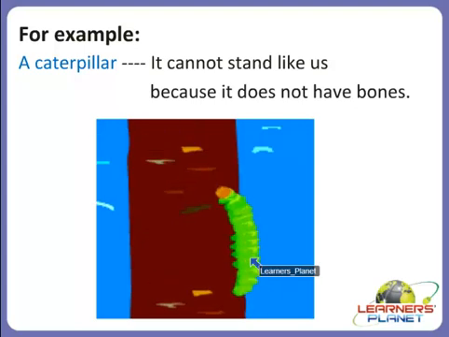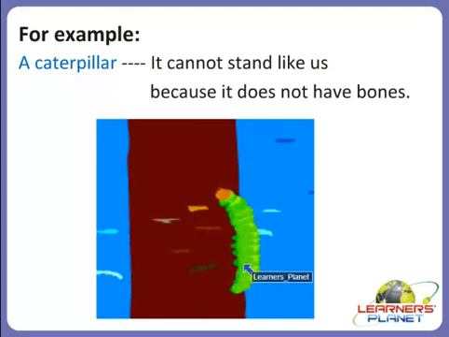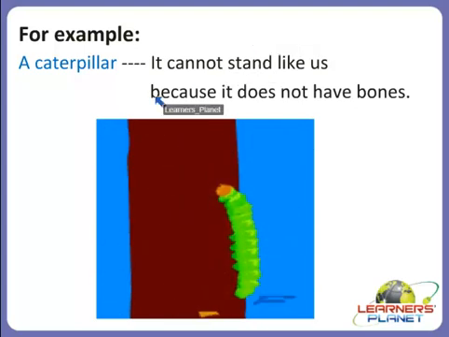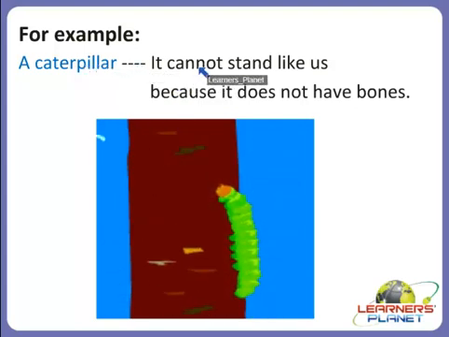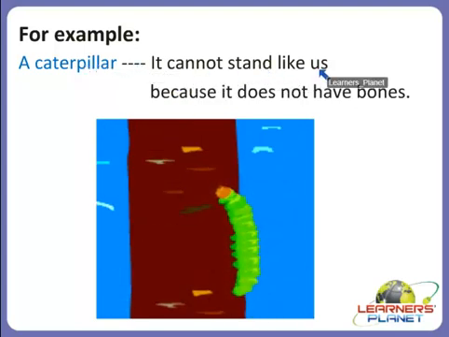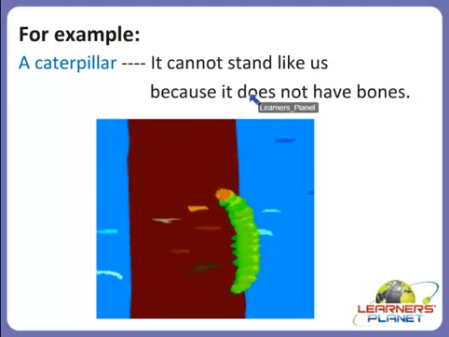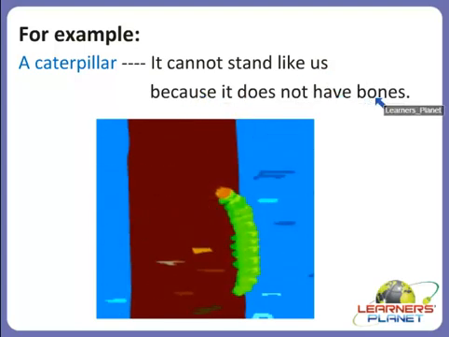Because it does not have bones like us. So we can see here that a caterpillar cannot stand like us because it does not have bones.